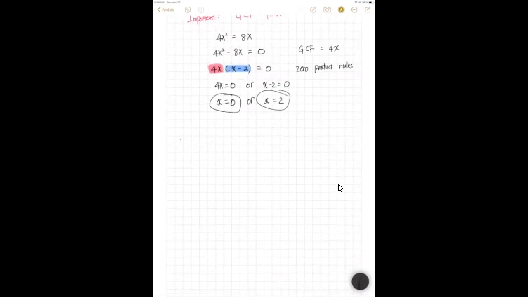Okay, another example. We have 2x cubed minus 14x squared plus 24x equals 0. So I want to factor the greatest common factor first, which is 2x.